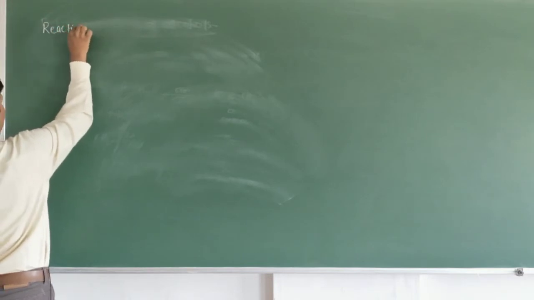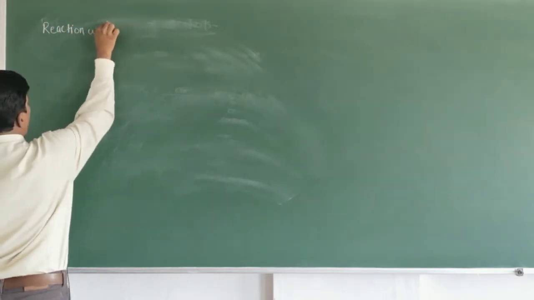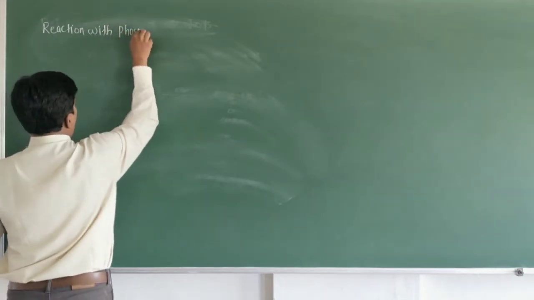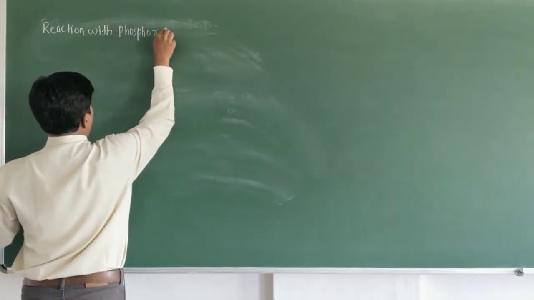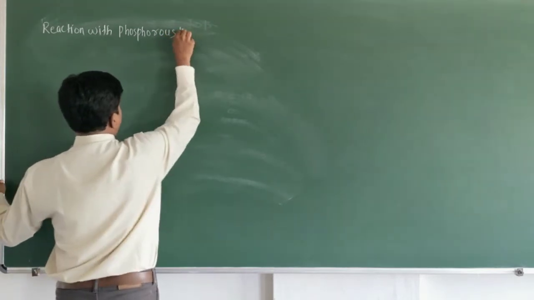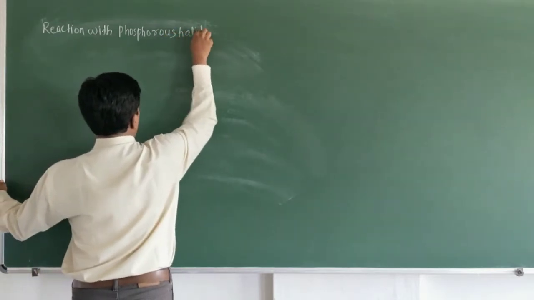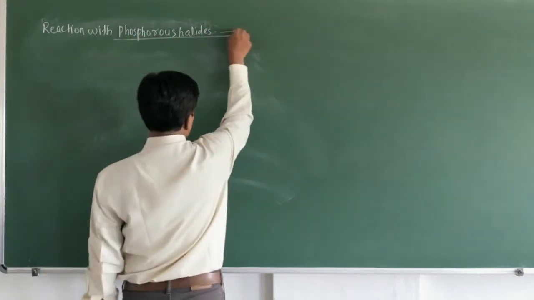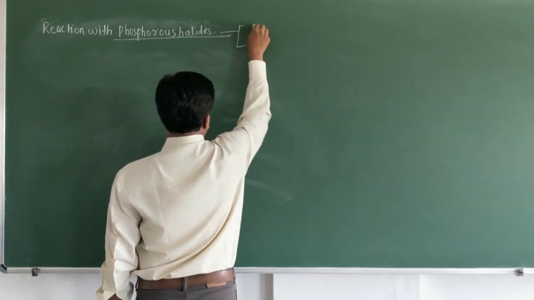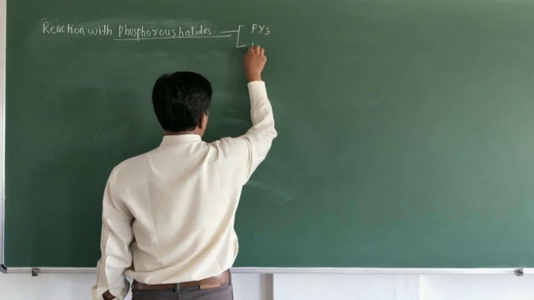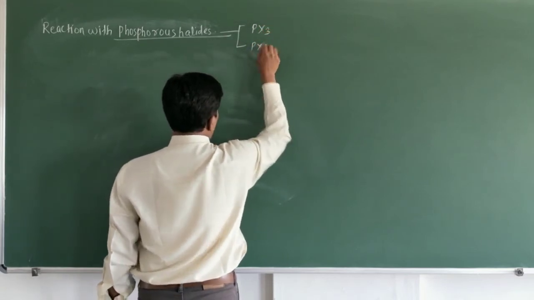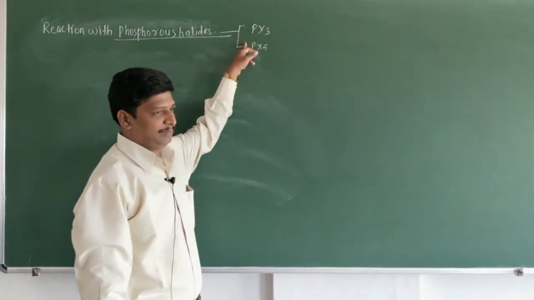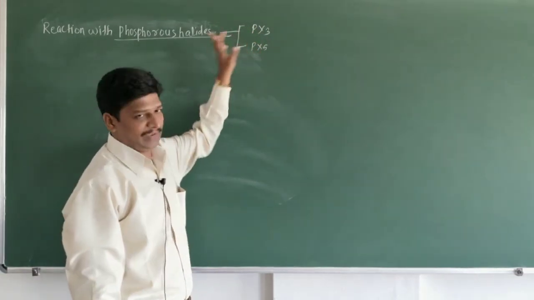Now phosphorus forms two types of halides, and which are the two halides here? One is PX3 and another is PX5. So PX3 means phosphorus trihalide and PX5 means phosphorus pentahalide.